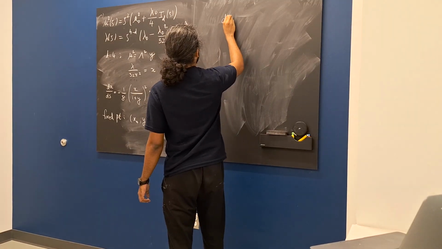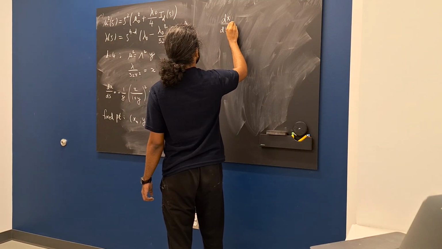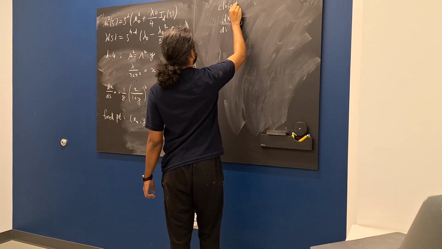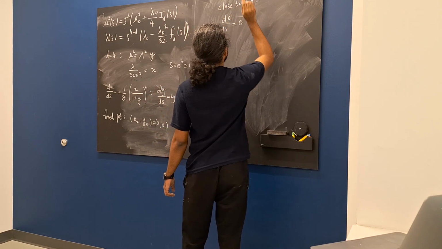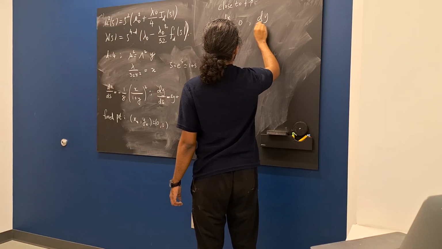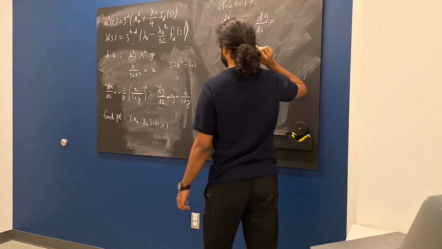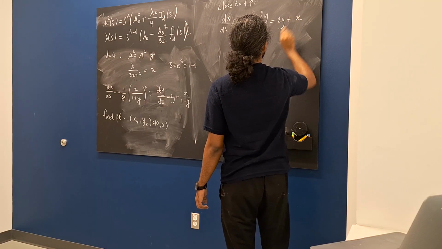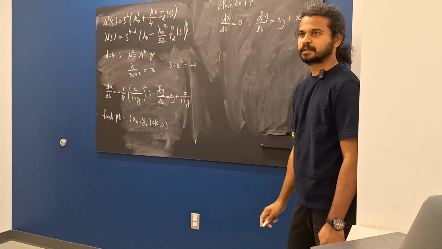So dx/ds is 0 close to the fixed point, and dy/ds is 2y plus x, right?